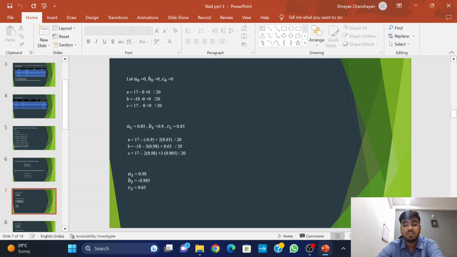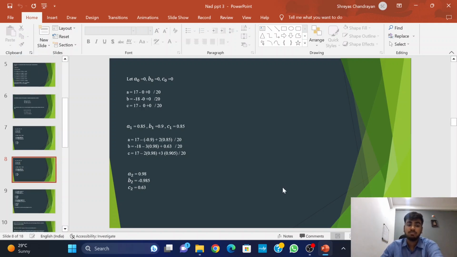Then a is equal to (17 minus 0.9 plus 2 into 0.85) by 20, b is equal to (minus 18 minus 3 into 0.98 plus 0.63) by 20, c is equal to (17 minus 2 into 0.98 plus 3 into 0.905) by 20. So a2 is equal to 0.98, b2 is equal to minus 0.985, c2 is equal to 0.63.